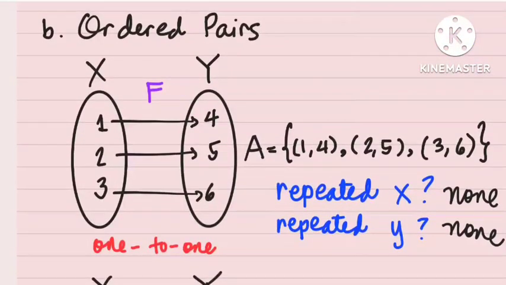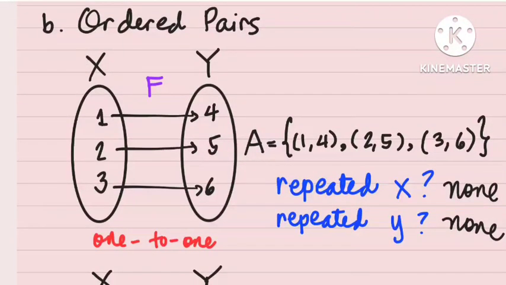Another way to express functions is by the use of ordered pairs. So we see here a diagram. Using the elements of the diagram, using the connections, we will be able to list down ordered pairs. So 1 and 4 is an ordered pair. 1, 4.